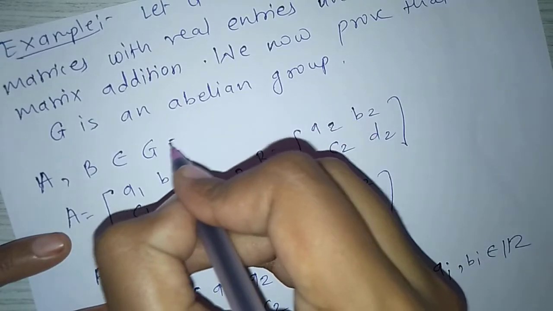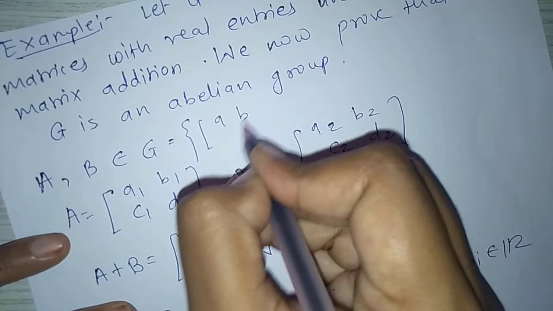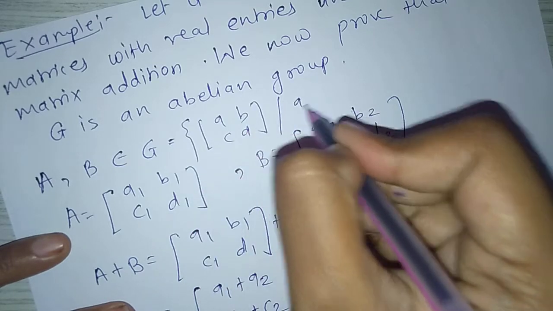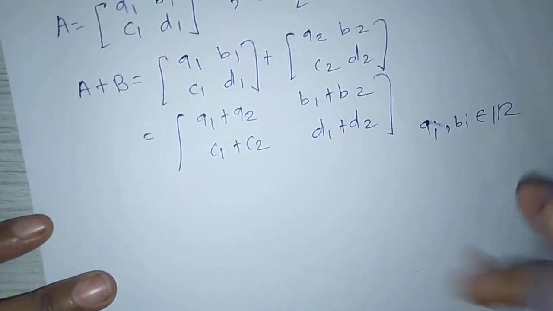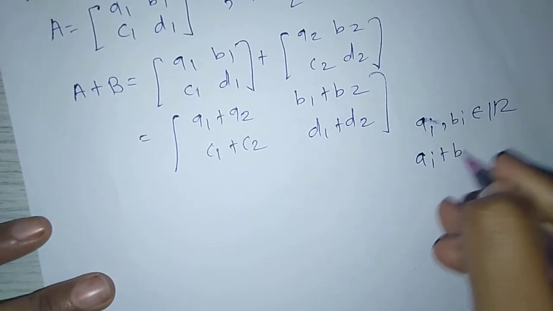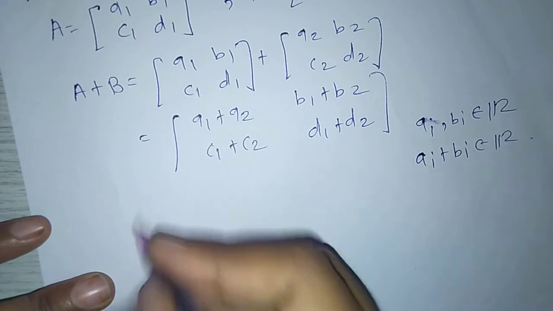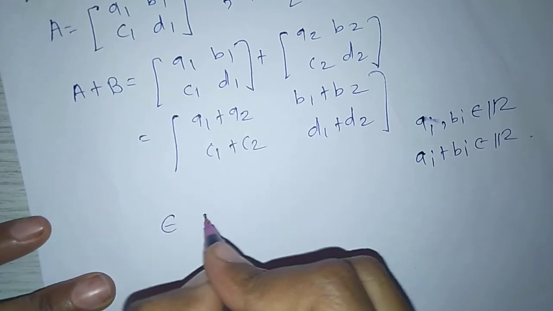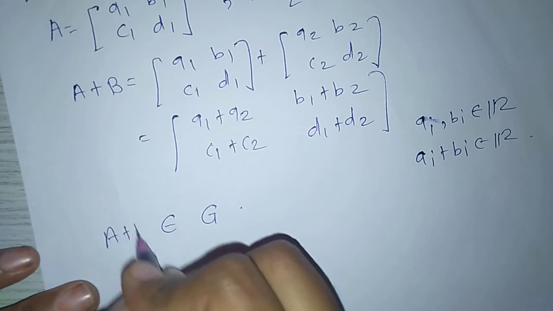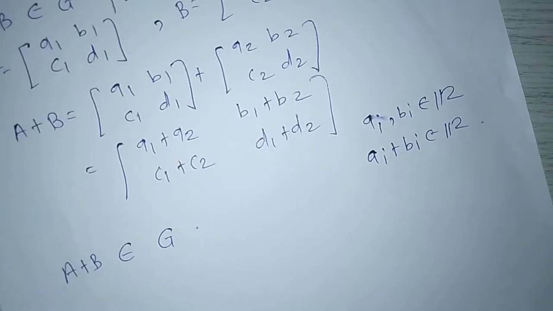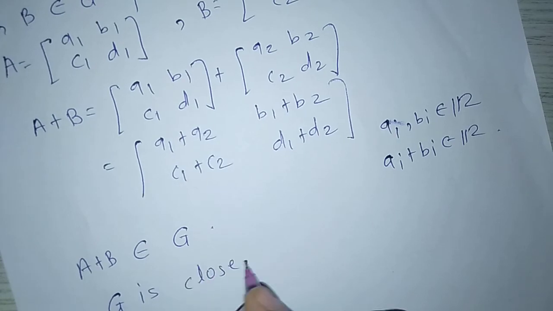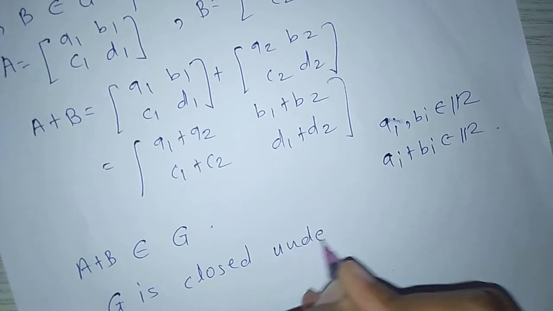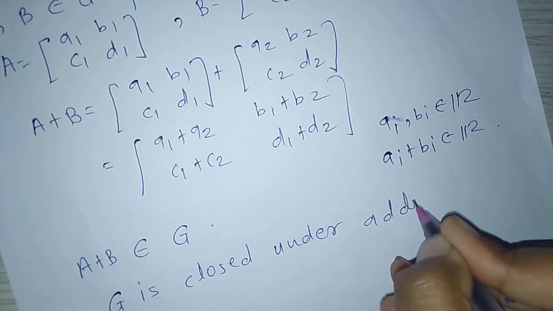Since ai, bi belong to R, their addition also belongs to R. Therefore A plus B also belongs to G. Therefore G is closed under addition.